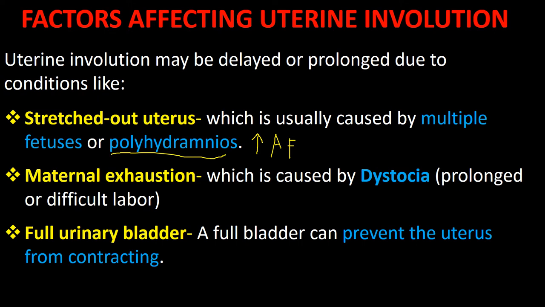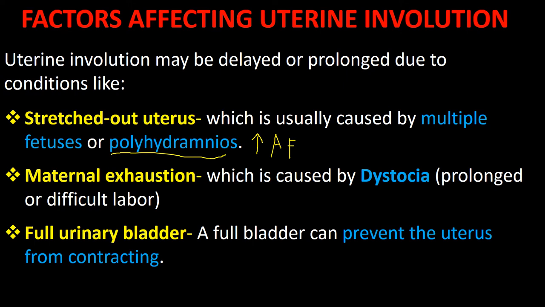Aside from that, your uterine involution can also be affected by your full urinary bladder. So, kung punong-puno po yung urinary bladder ng pasyente, the uterus will not return to its normal position. Why? Because anatomically, the bladder is located in front of the uterus.